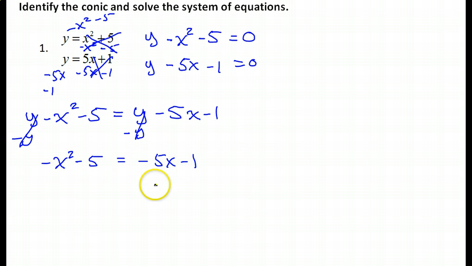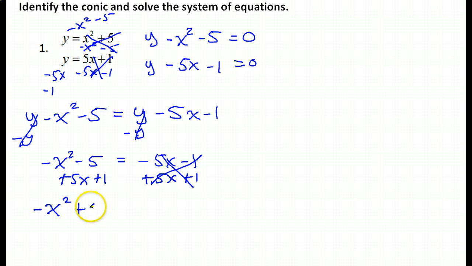I'm going to get everything on the left side. So I'm going to add 5x to both sides and I'm going to add 1 to both sides. Okay, so over here I will have negative x squared plus 5x. Negative 5 plus 1 is negative 4, and that's equal to 0.